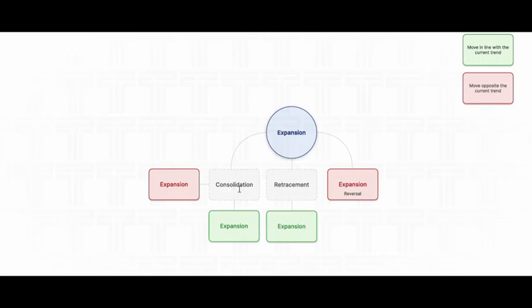So after a consolidation is an expansion, of course, and when an expansion is met with an expansion, that is what we call a reversal. I hope you get it. So expansion, retracement, expansion, expansion, consolidation, expansion, consolidation, expansion, expansion, expansion. That means it's a reversal, because expansion has been met with another expansion in the opposite direction.